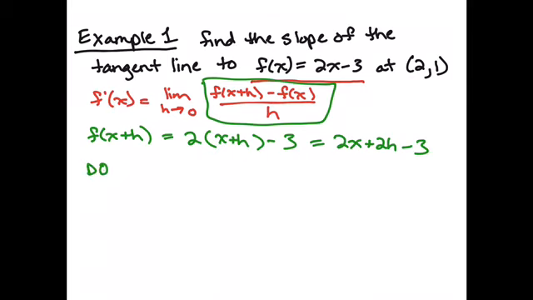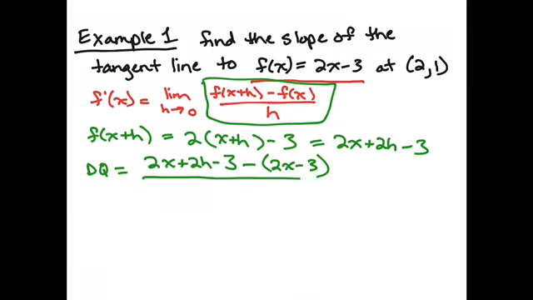My difference quotient is 2x plus 2h minus 3, which is what we just found for f of x plus h, minus the original f of x. Make sure you use parentheses because we want to distribute that minus to both terms in the f of x, all over h.